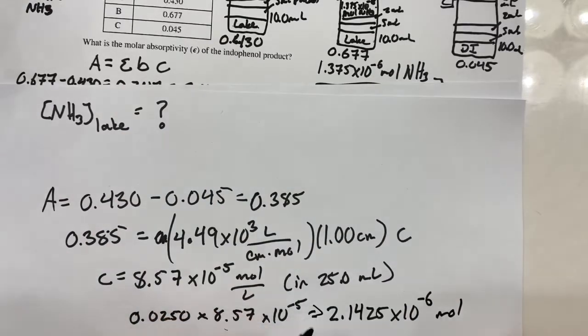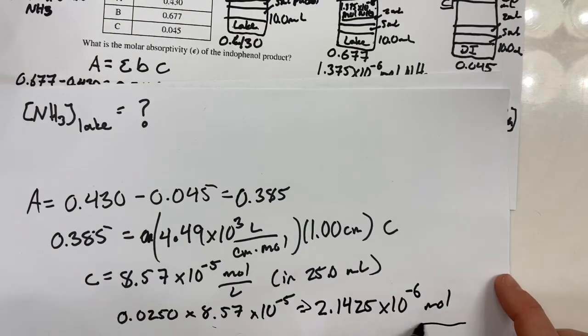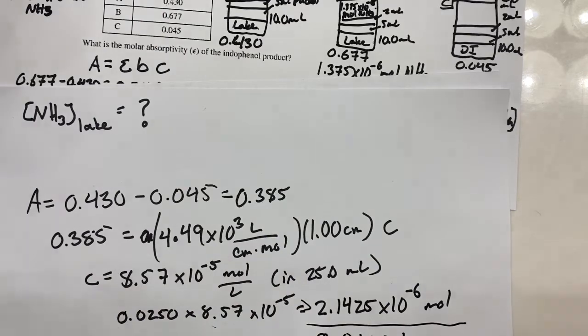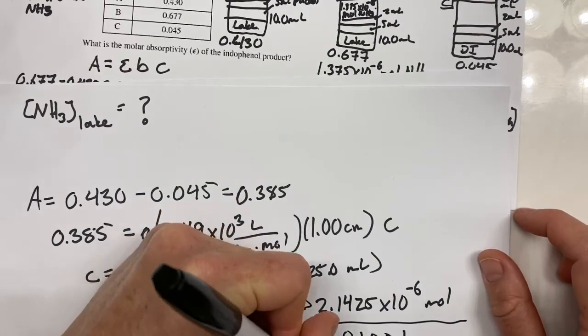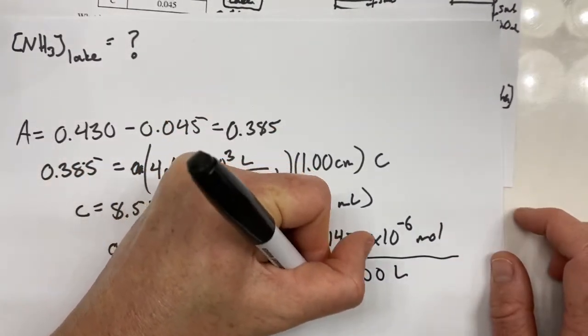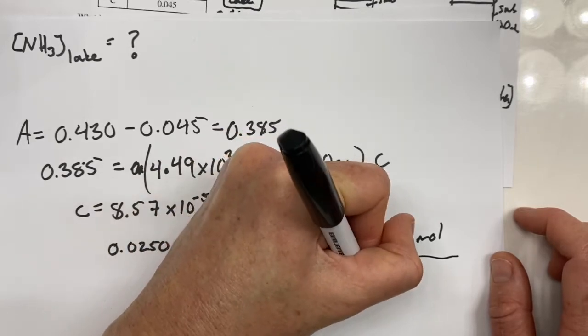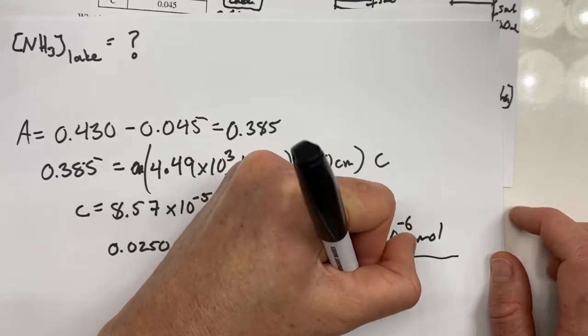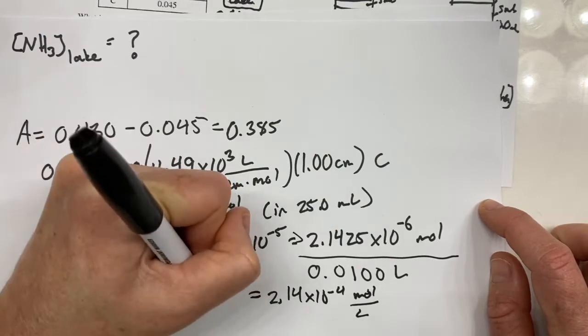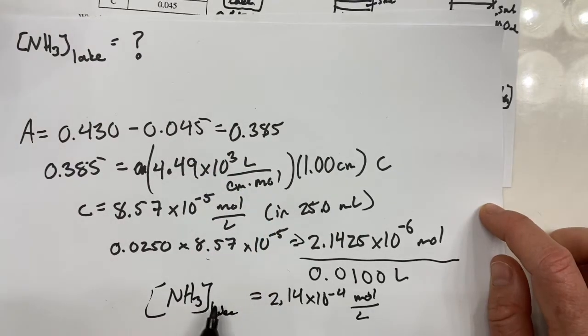And just remember that this many moles originally came from 0.0100 liters, or that 10 milliliters. So divided by 0.01 will give us an answer of 2.14 times 10 to the negative 4 mole per liter. And that would be how much ammonia was originally in the lake.